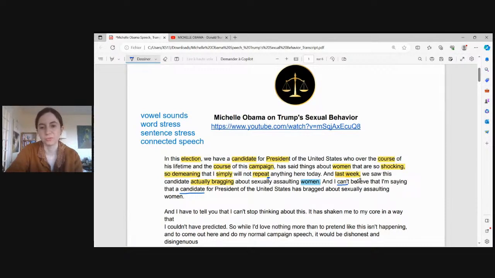So if you did want to go down the American accent route, if that was your preferred accent, you can start to model and pay attention to the way that Americans tend to say can't. Also, candidate. I see that some of my clients might want to pronounce candidate like that because it's logical.